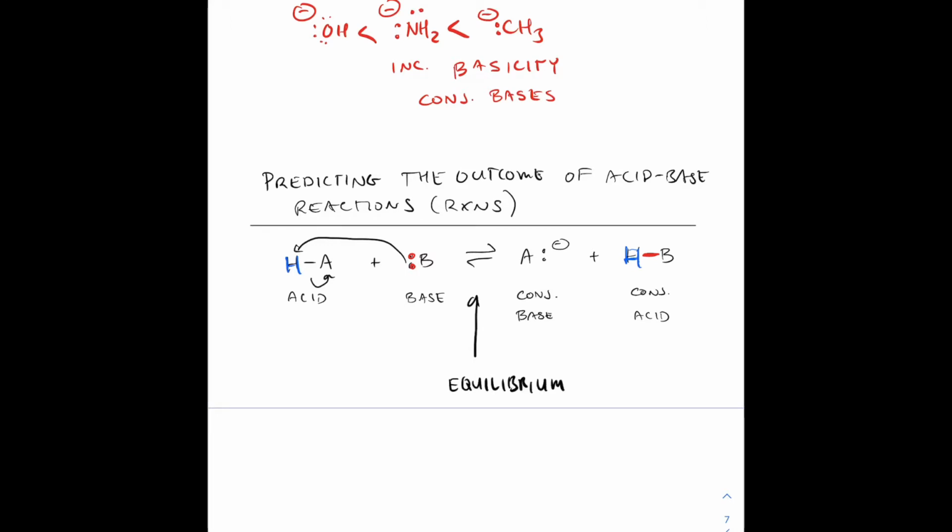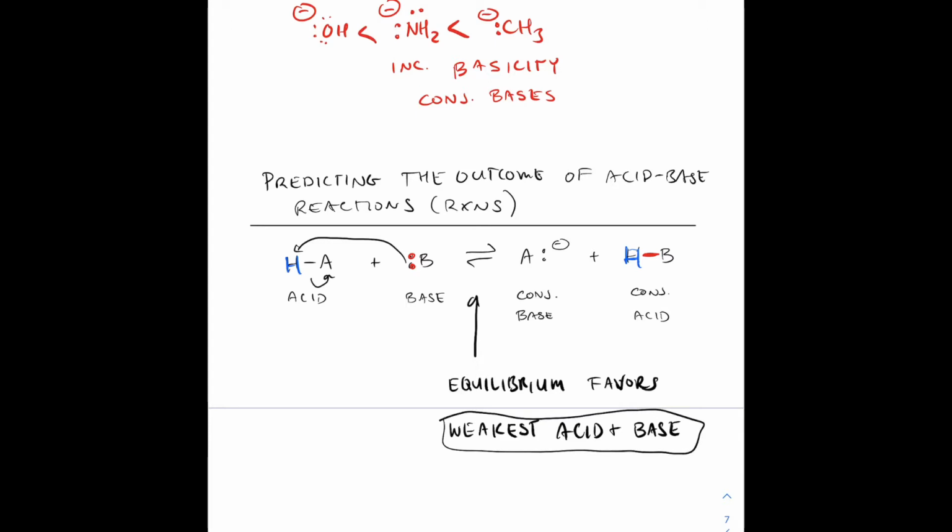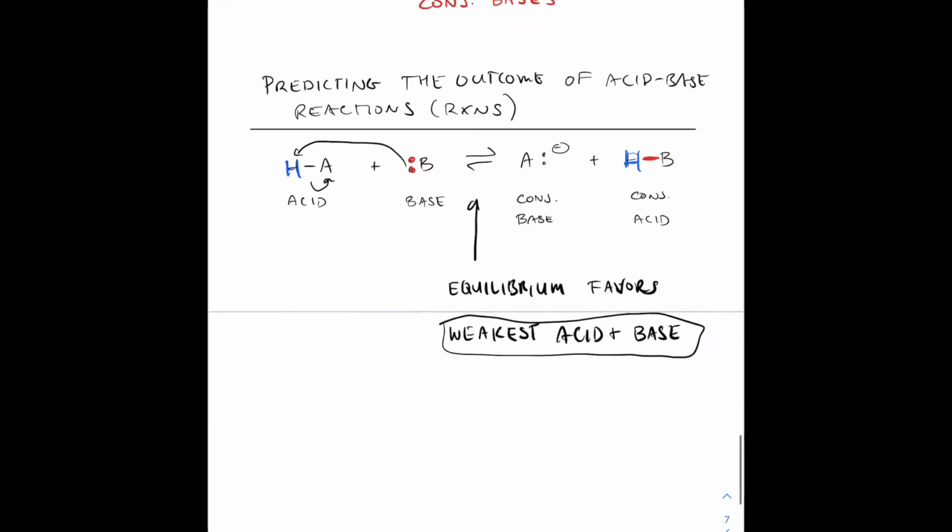So the equilibrium arrow is something that we need to be familiar with. This is one of many reaction arrows that we'll see. Since it's an equilibrium, that means it can go forward and backward. We also need to make note that the equilibrium favors the weakest acid and the weakest base.